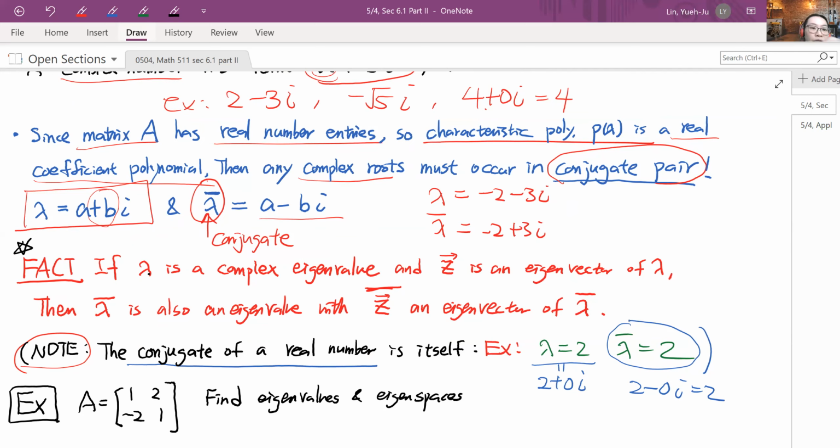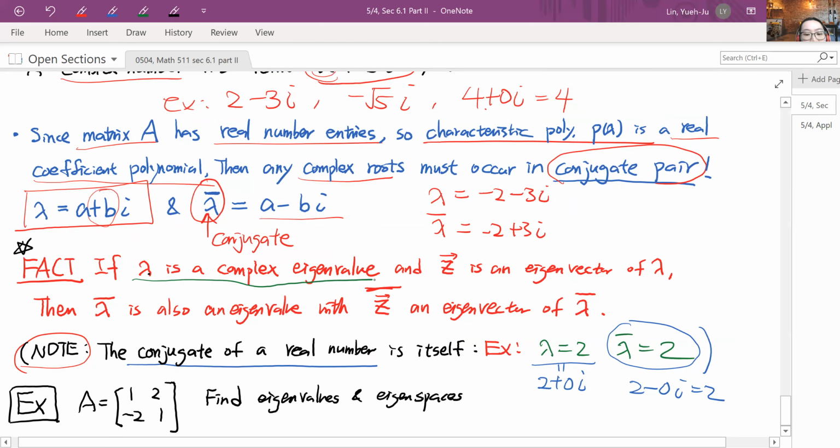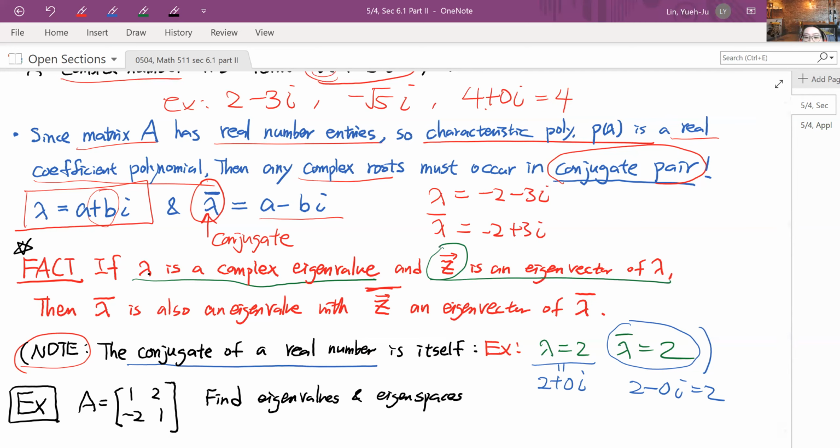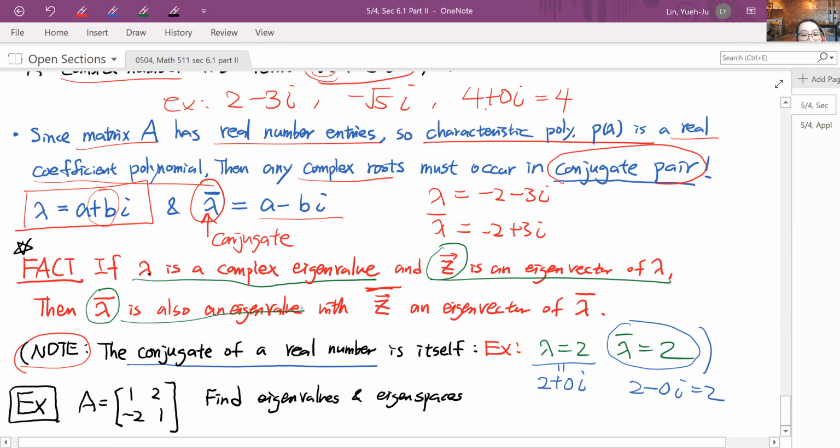Even better is this fact I put in red color. If you have, say, a complex eigenvalue lambda, and of course, you need to solve the null space of A minus lambda I to find the eigenvector. So let's say you found one eigenvector for lambda. It turns out that not only will the eigenvalue appear in a conjugate pair. The first thing you know is lambda bar, the conjugate number, will be an eigenvalue.